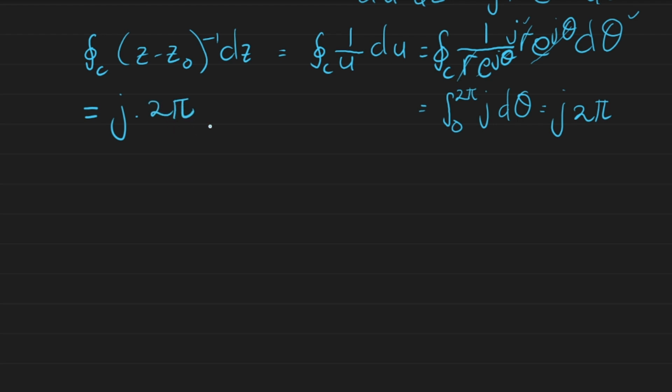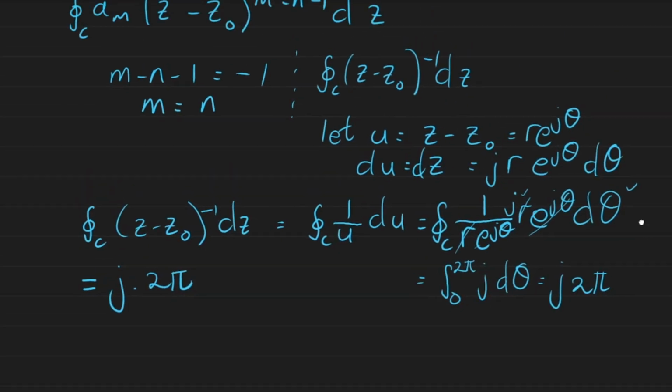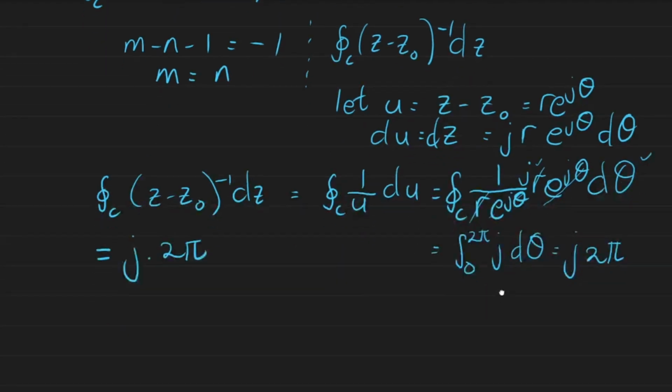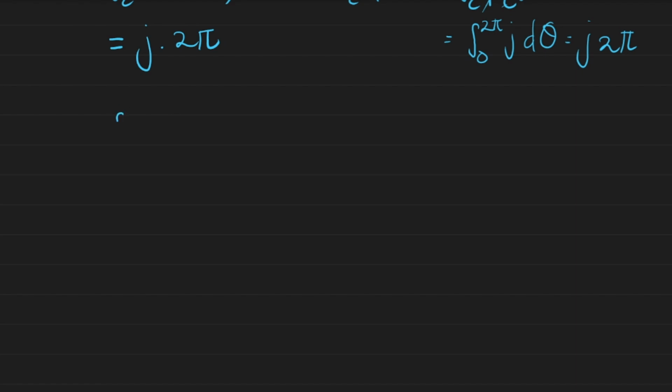So that was the one scenario where the exponent inside this expression was minus 1. So what about everything else? What about when its exponent is everything else besides minus 1? So we have this integral now, of (z minus z naught) to the power m minus n minus 1, and now we have to consider the scenario where m minus n minus 1 is not equal to minus 1.